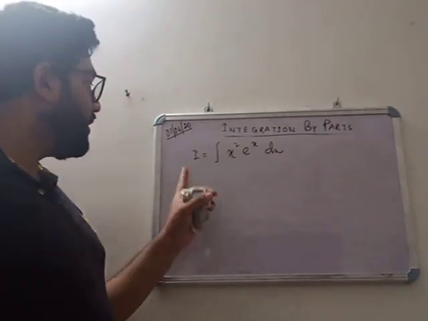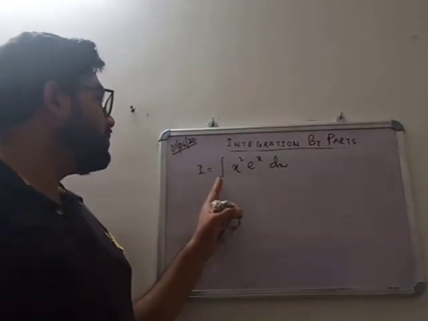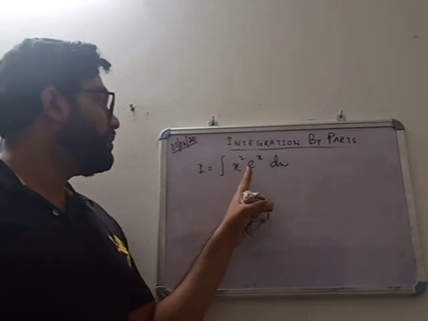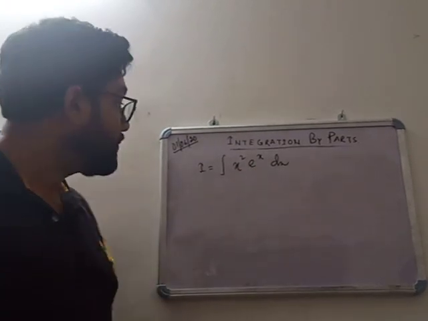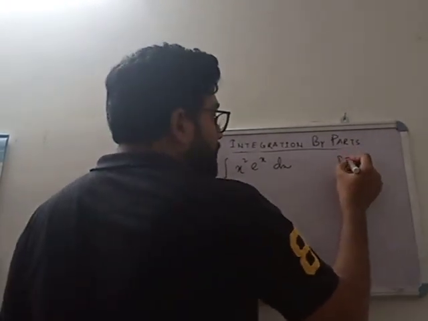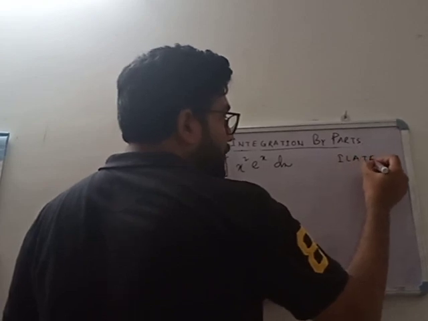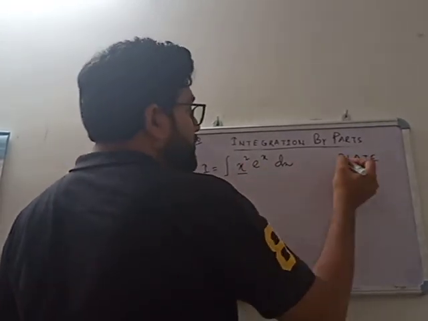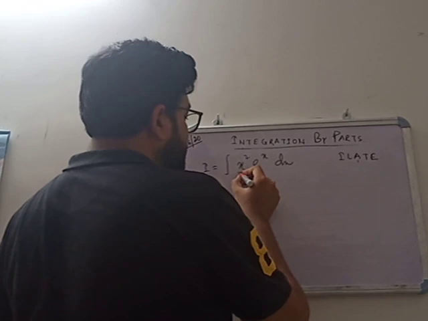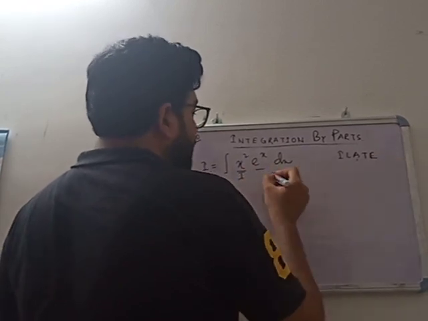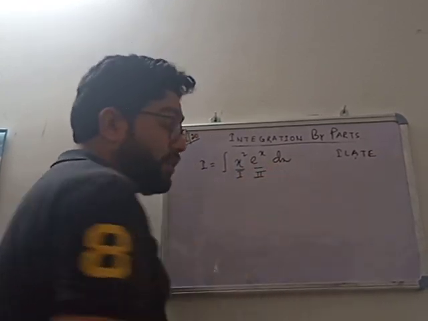Okay, now we are going to the next example. I equals integration of x² into e to the power x dx. By the rule of ILATE, here see that x², that means algebraic function, is the first function, and e means exponential function is the second function.